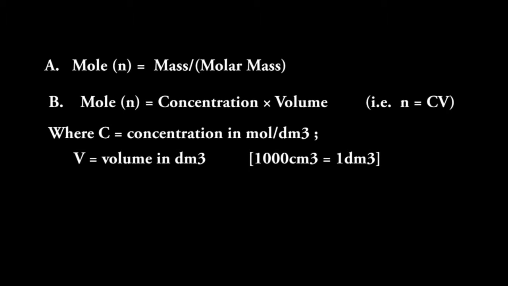A. Mole is equal to mass over molar mass. B. Mole is equal to concentration times volume, where C is concentration in mole per dm cube, V is volume in dm cube. Remember, 1 dm cube is equivalent to 1000 centimeter cube.